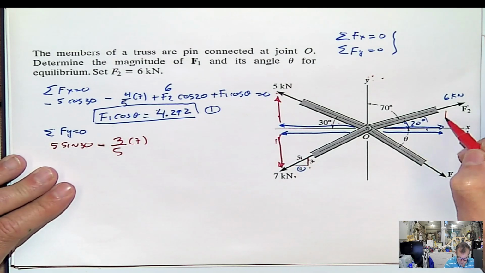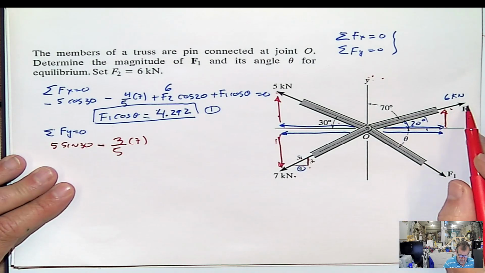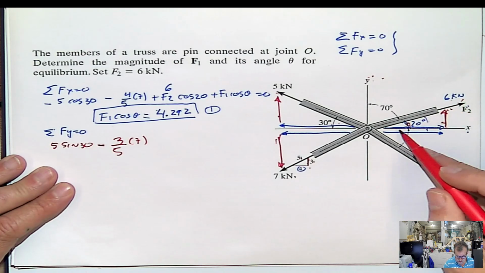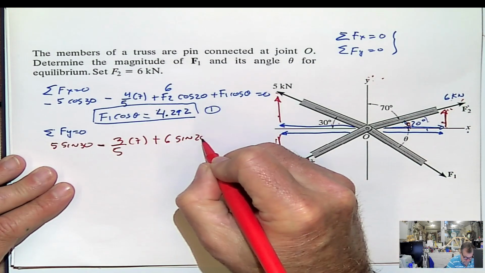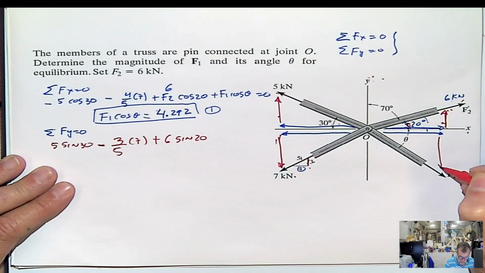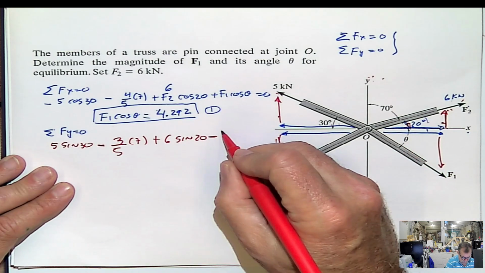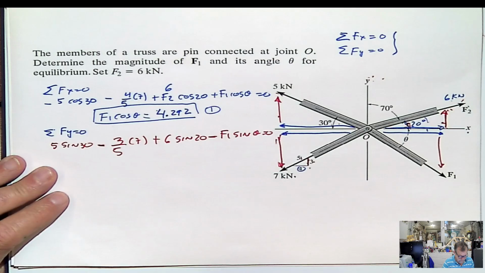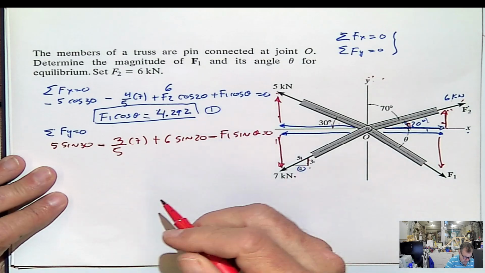Let's go with this one. This component up, meaning positive. 6 sine, because it's opposite to the angle. 6 sine 20. And this other component will be negative, first of all, because it's pointing downward. And it will be F1 sine of the angle equals 0. So I'm going to pass this to the other side and just reorganize the equation.